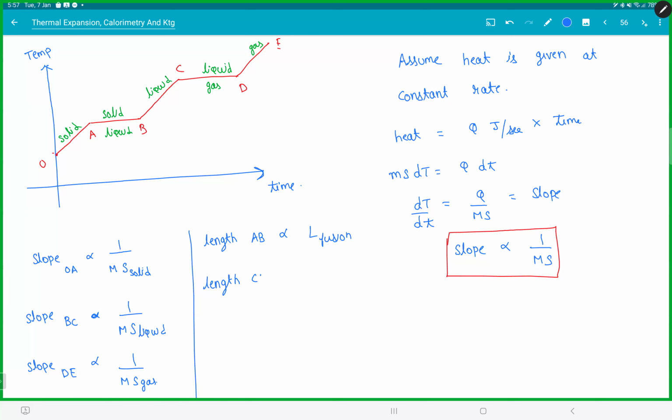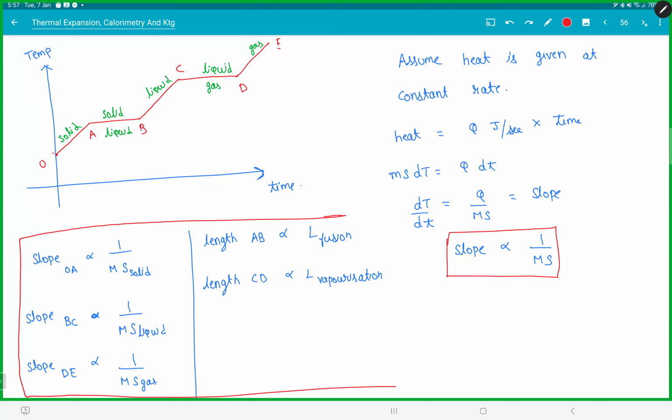The length CD is proportional to latent heat of vaporization. There, so quite a useful graph. It literally gives you everything: specific heats, latent heats of all the states. Have a look at this.